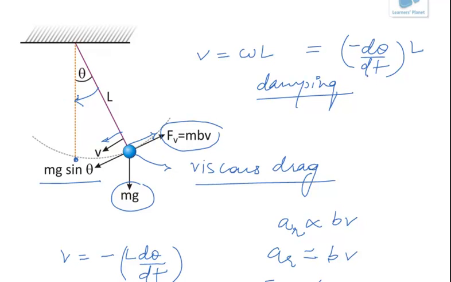So this restoring torque tau can be written as I into alpha, where alpha is d square theta by dt square and I is the moment of inertia, which in this case is m L square. Okay, m is the mass of the bob, and L is the length of the suspended string.